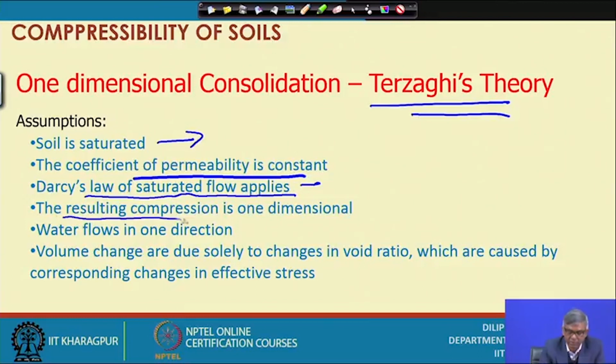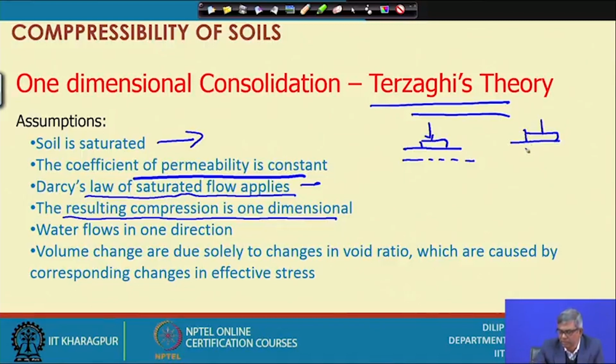The resulting compression is one dimensional, that is another important assumption. That means if there is a clay layer and I apply load through the soil, the compression will be one dimensional, that is, it is assumed to go straight like this. But normally if I apply load like this, the compression will be something like this, and when it is compressed it will be displaced to this side.